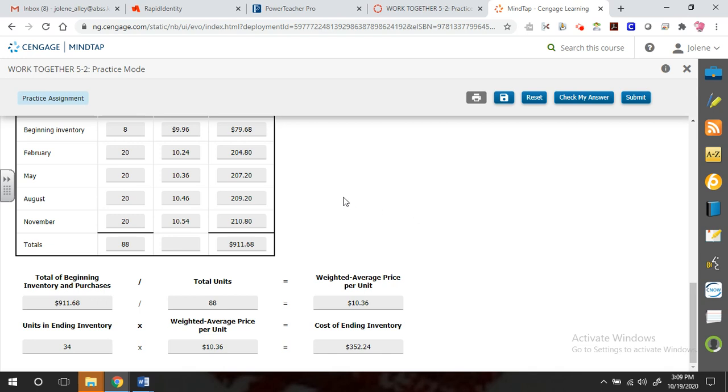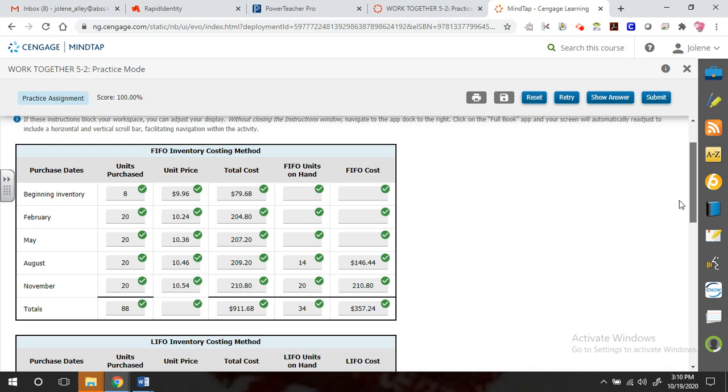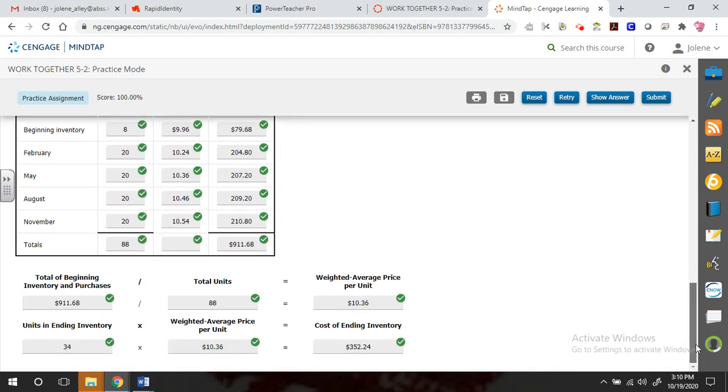Okay, so this was practice, and up here it says check my answers, so you can click that, and you want to see green checks. If it doesn't give you green checks, then go back and fix it. This is the part of the learning process. Okay, go back and look at your answers and fix them if they're not right.